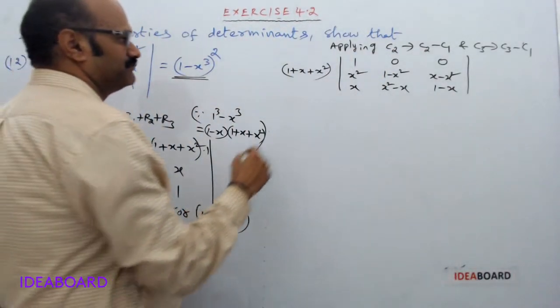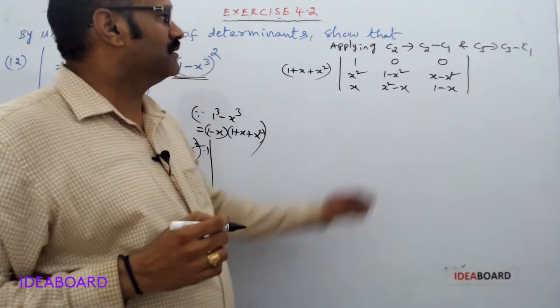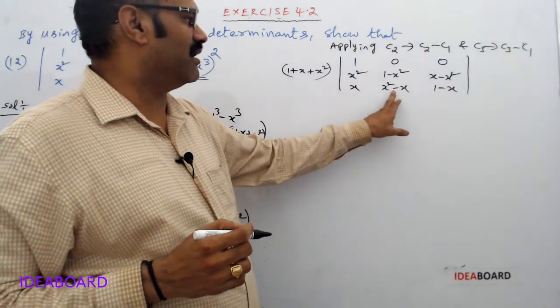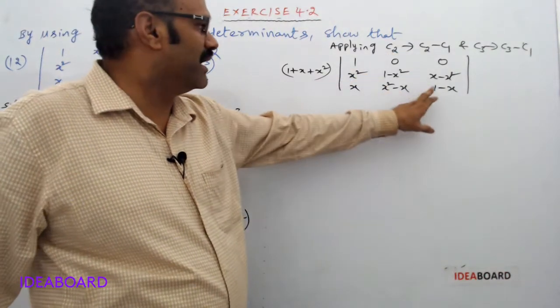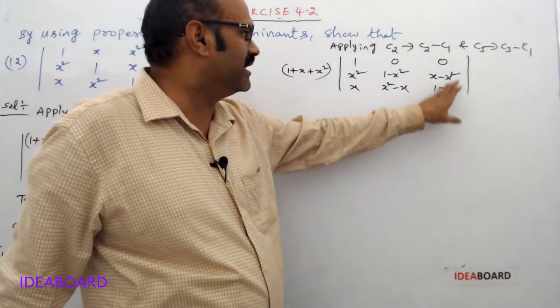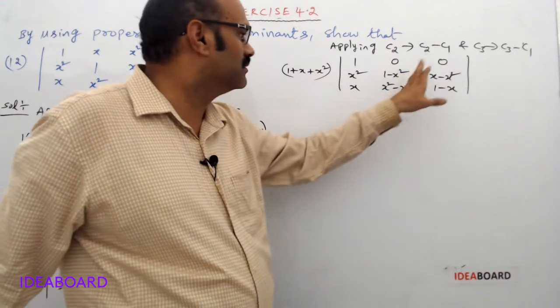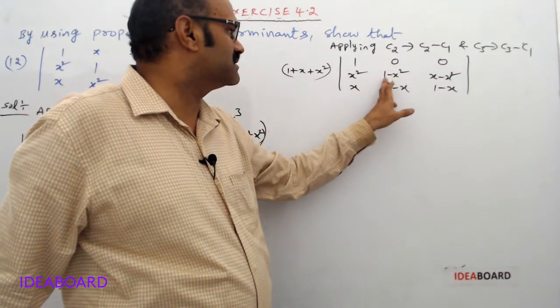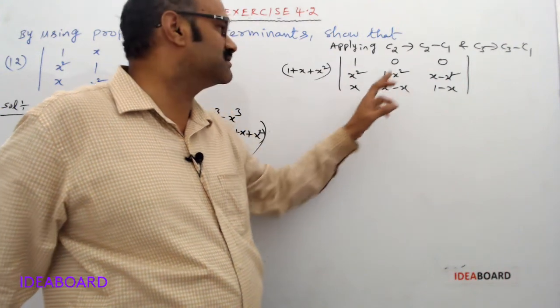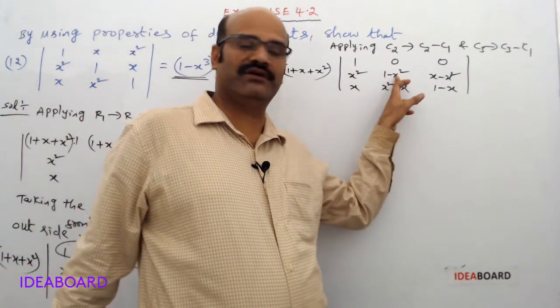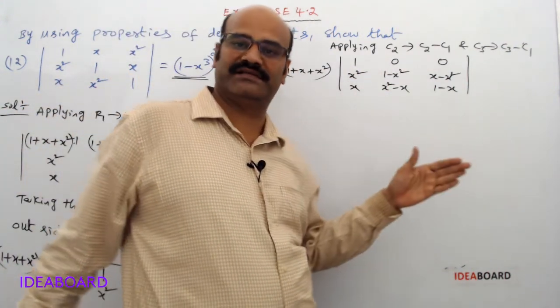Now from C2 and C3 we have to identify the common factor. 1 minus x² can be written as (1 − x) into (1 + x), because a² − b² equals (a − b) into (a + b).